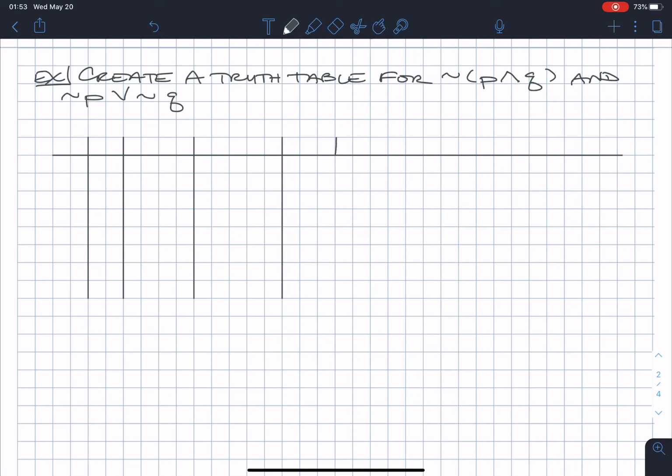Then let's do not P, not Q, then not P or not Q. That should be enough. Okay, so first let's do P, which we know is true, true, false, false. And let's do Q, which is true, false, true, false.